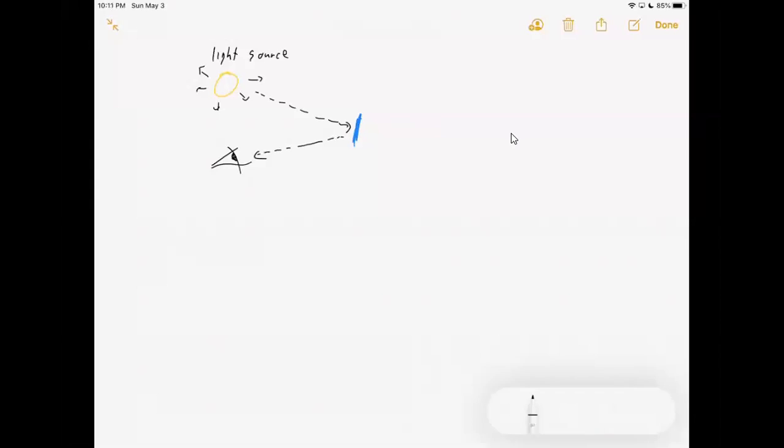What I want to focus on first, though, is the way the light that hits the pen interacts with the pen. So let's zoom in on what happens here. When light hits an object, three things happen.